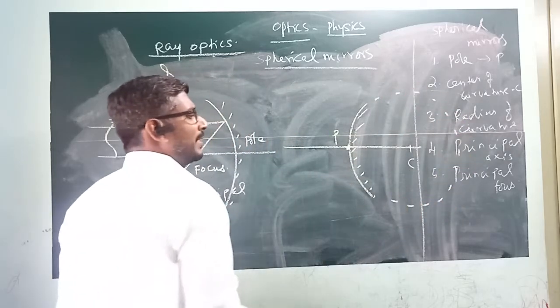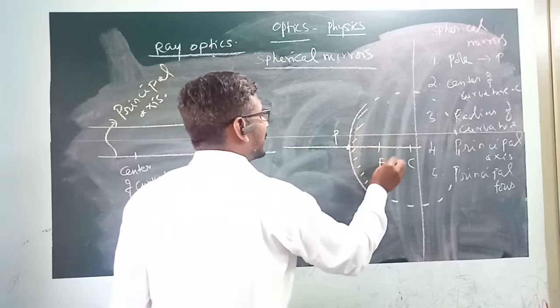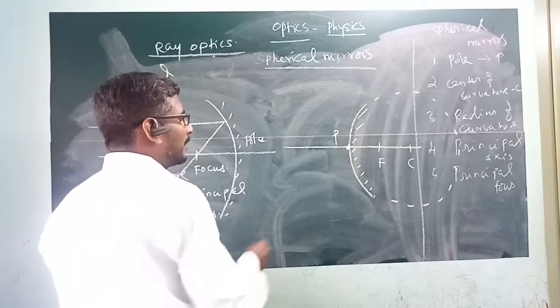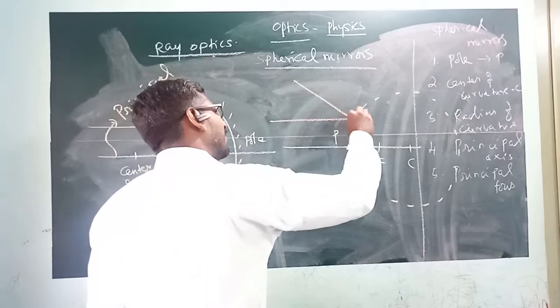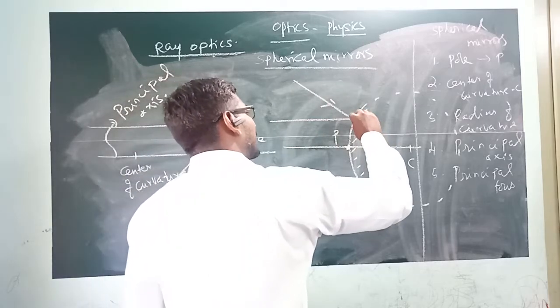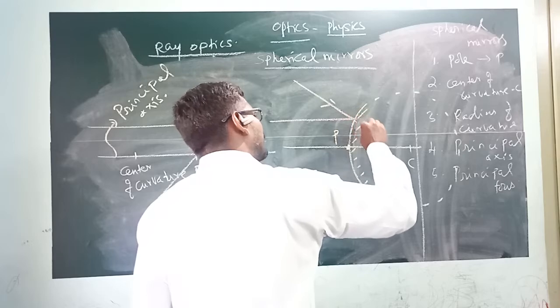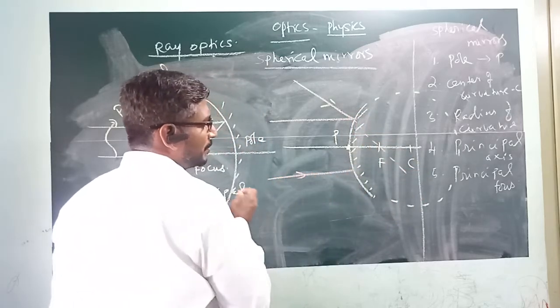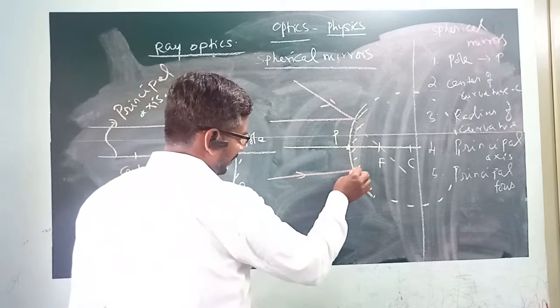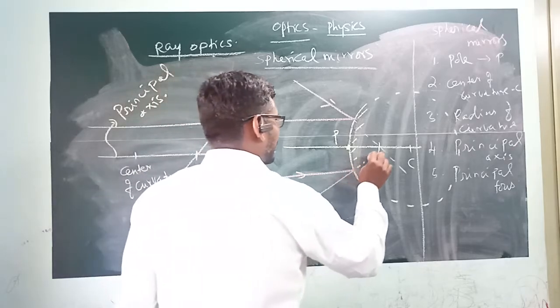Your focus will be at this point. If any ray passes parallel to the principal axis, it will get reflected in this way, as if passing through the focus.